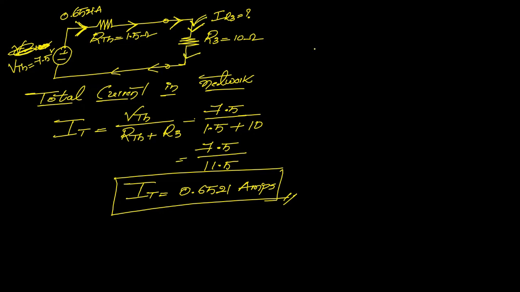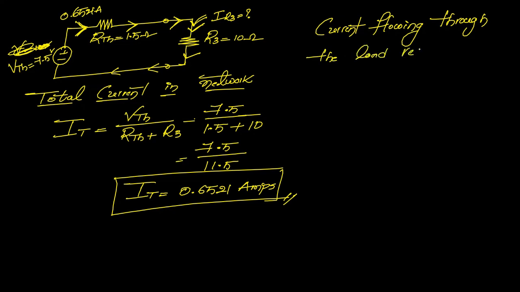So that is the reason why, the last point is, the current flowing through the load resistance R3 is given by the total current flowing in the network, that is equal to 0.6521 amperes.